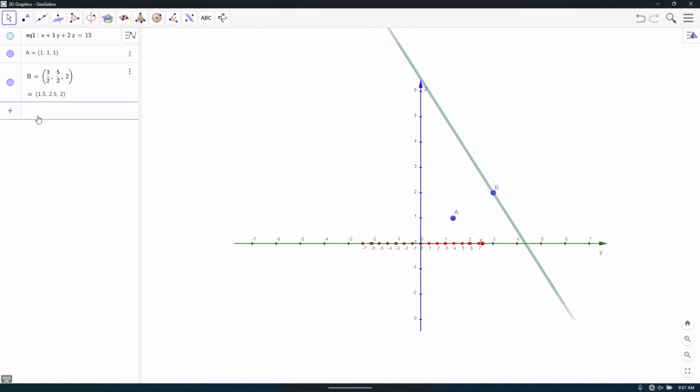Let me see if I can do a segment, point A to point B. Did you see that 90-degree angle forming with that segment and the plane? So that's actually a good way to verify our work. How about that? Right?